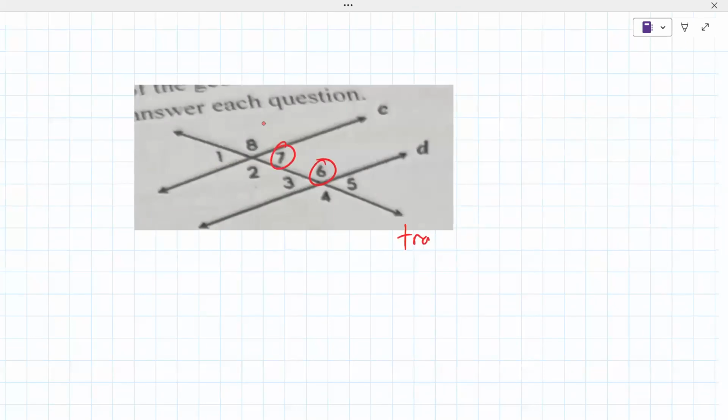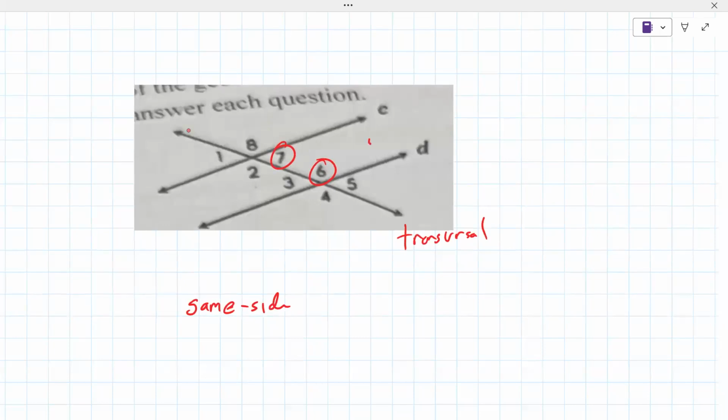This is called the transversal. Are these on one side or the other of the transversal? Are they on the same side or opposite sides? Same side. So we would call them same side.